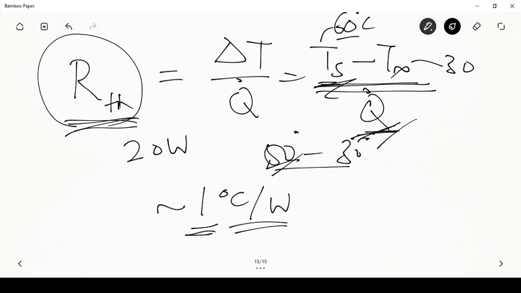I have uploaded more material on Moodle, so I would request you to take a look at it. That will close the topic on steady state heat conduction. I would like you to study both these lectures carefully with the uploads that I have put on Moodle.